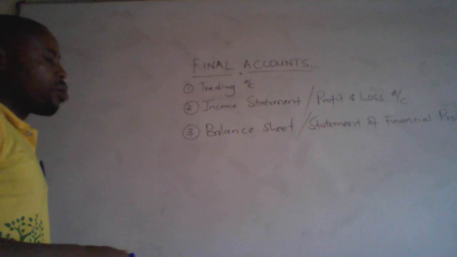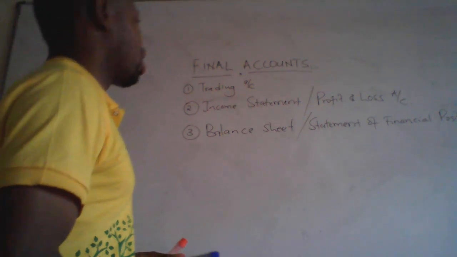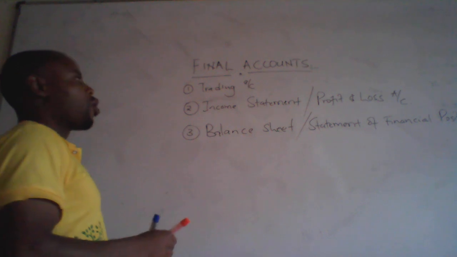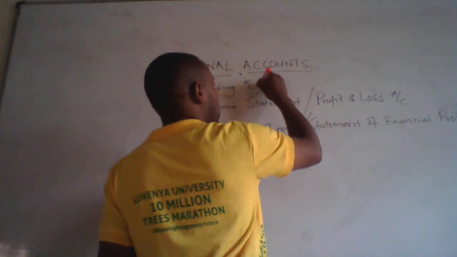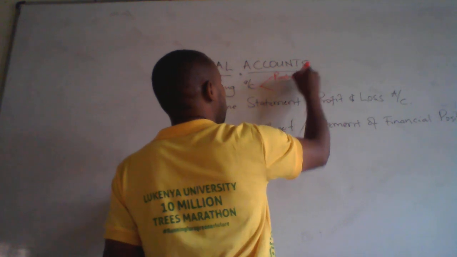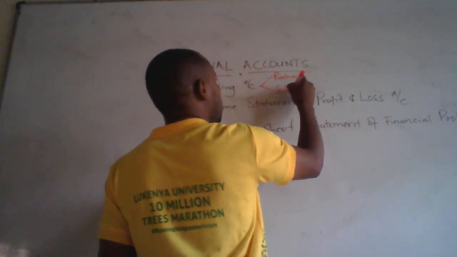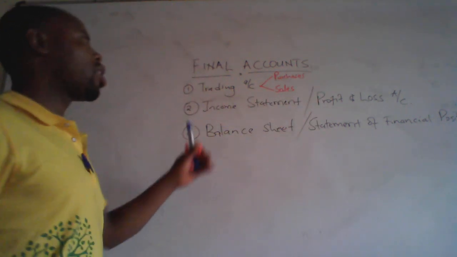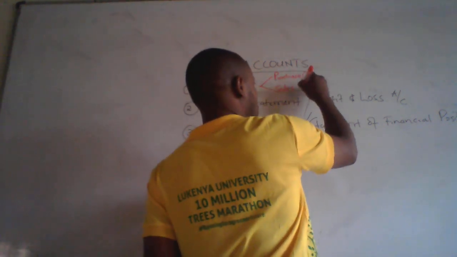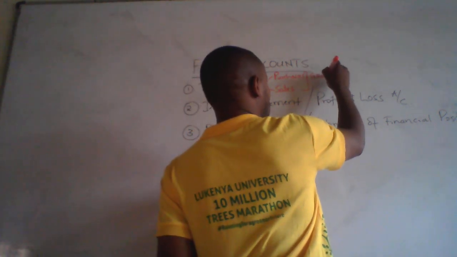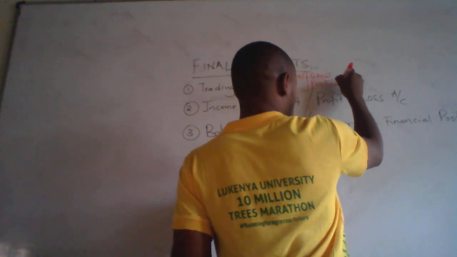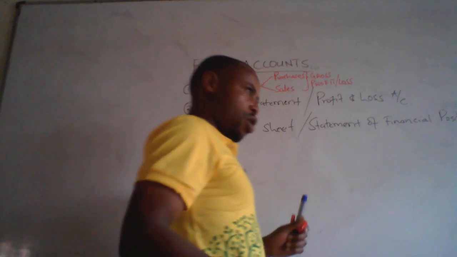You are supposed to prepare what we call a trading account, and under the trading account, we specifically talked about the sales and the purchases. So we are mainly concerned with the purchases and the sales that a business makes. Out of the sales and purchases, we are supposed to arrive at what we call the gross profit or loss.